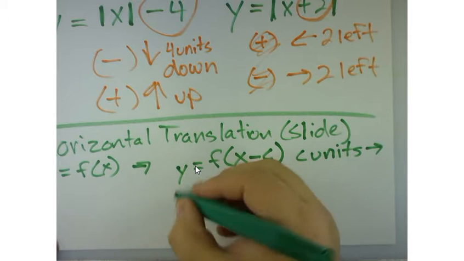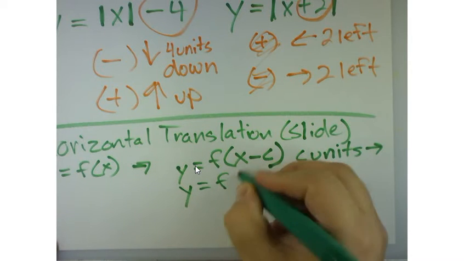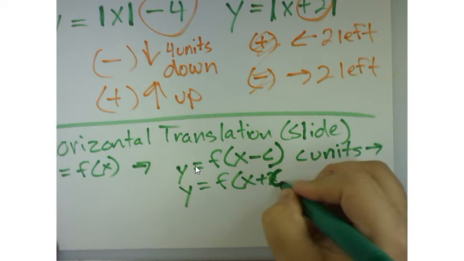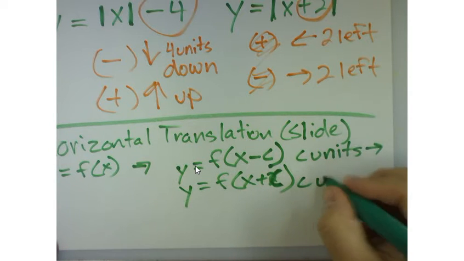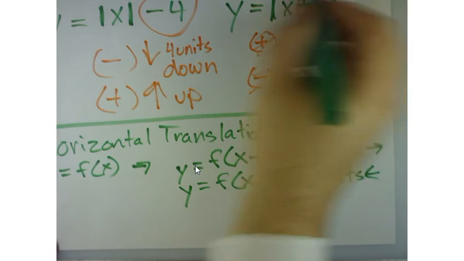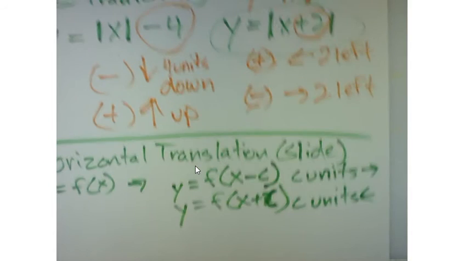If I say y equals f of x plus c, then it's going to go c units to the left. So that's the example for the horizontal translations.